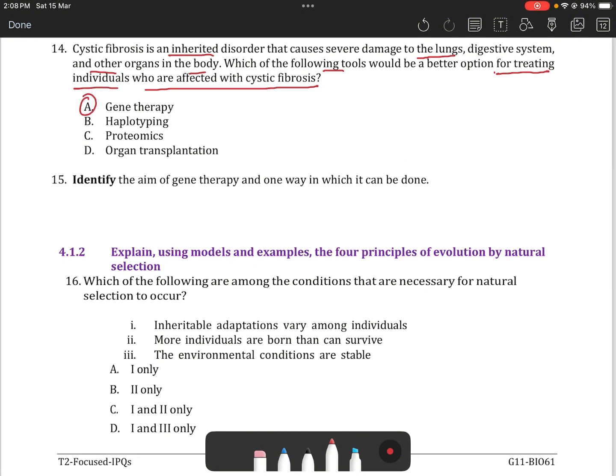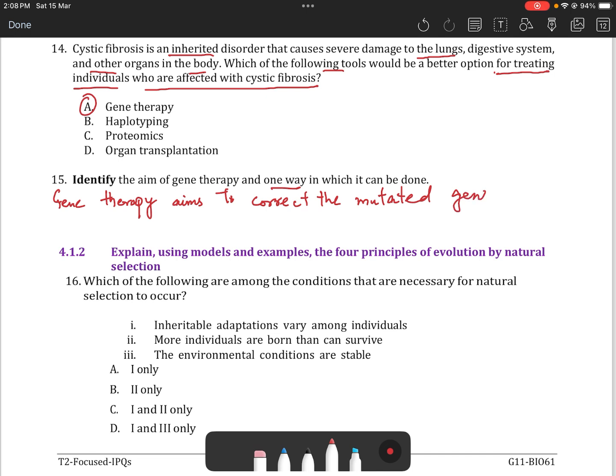Identify the aim of gene therapy and one way in which it can be done. Okay, so we just now noticed what the aim is. So the aim is that gene therapy aims to correct the mutated gene. Okay, so this is the aim.